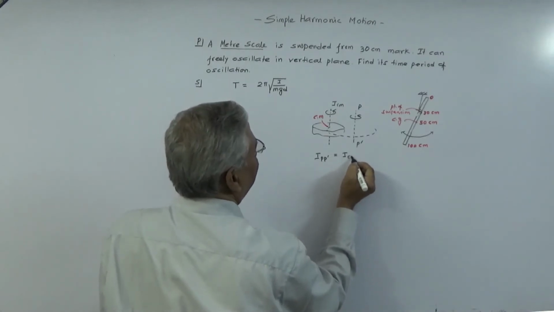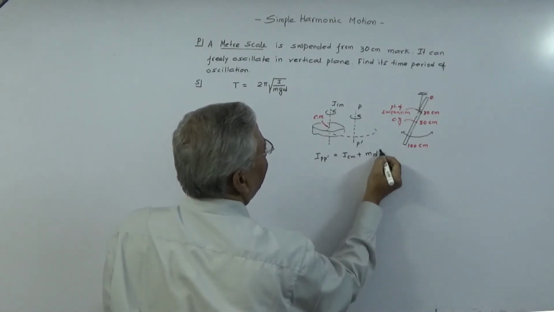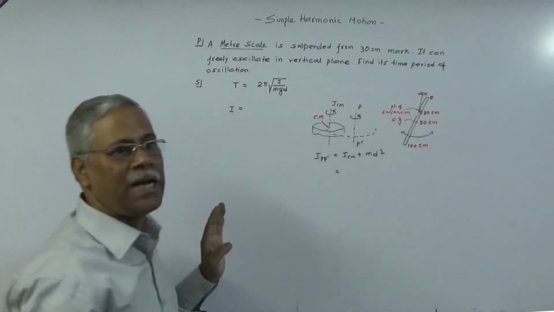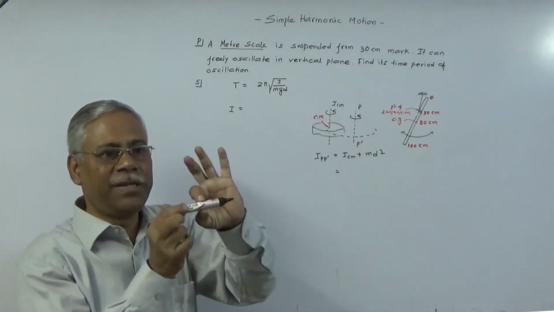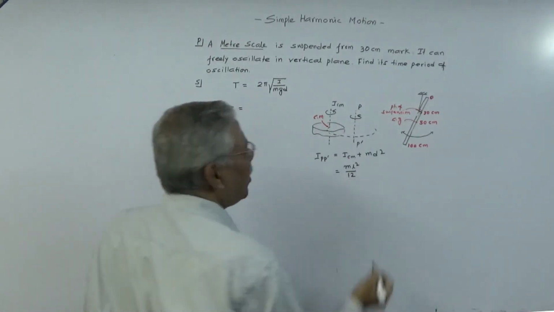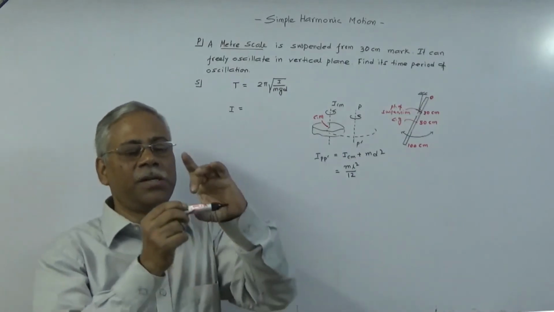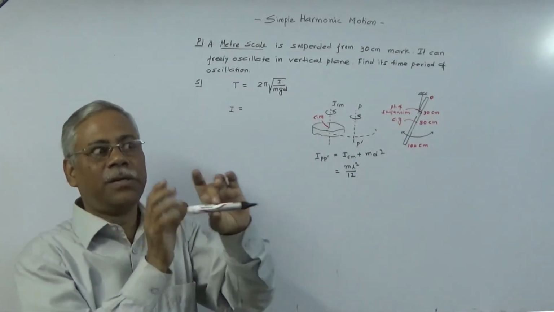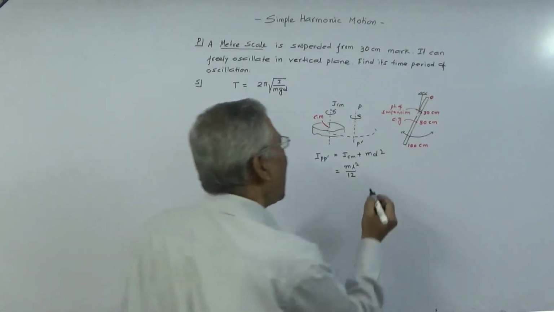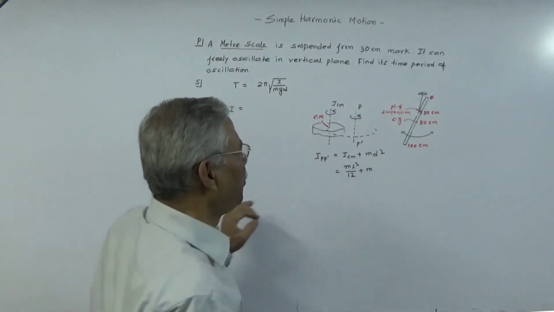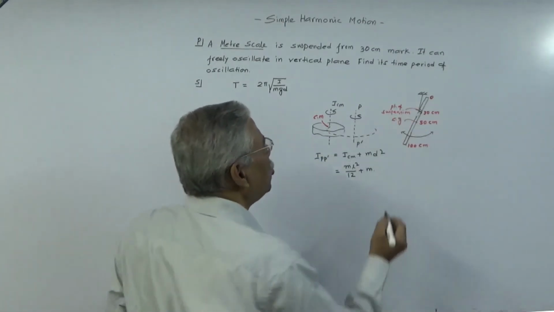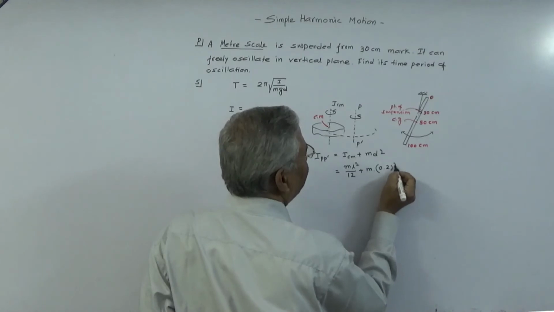I PP dash equals ICM plus M into D square. ICM for the scale, about the center of mass, is m l square by 12. Moment of inertia when the rod rotates about an axis through CM is m l square by 12, plus m into the distance between the two parallel axes, 20 centimeter.